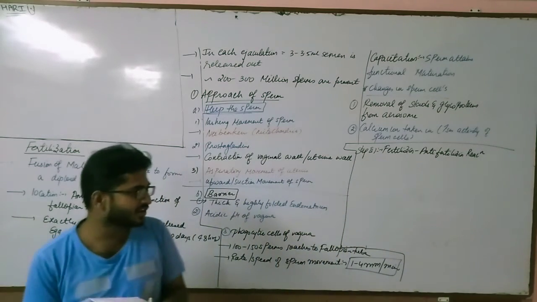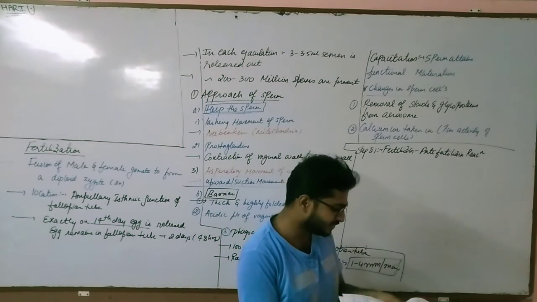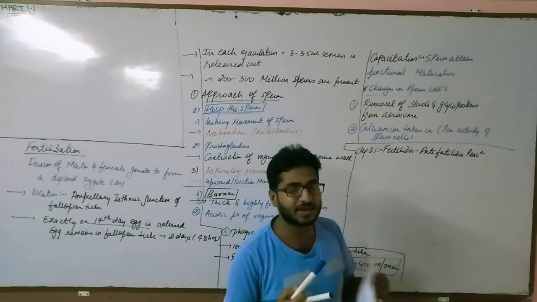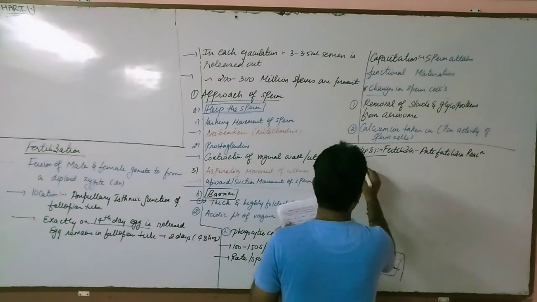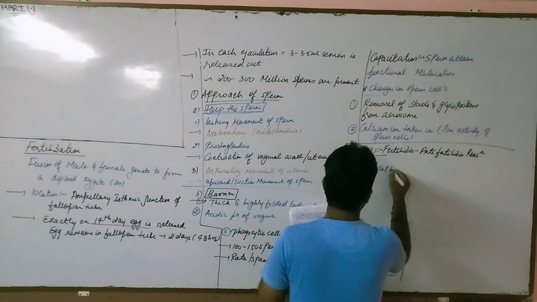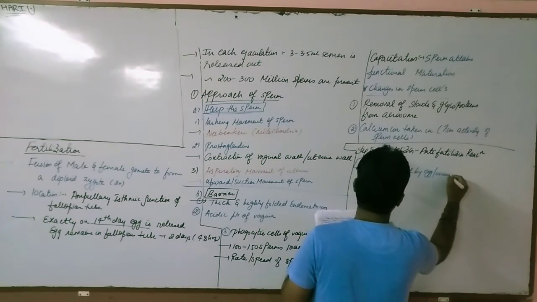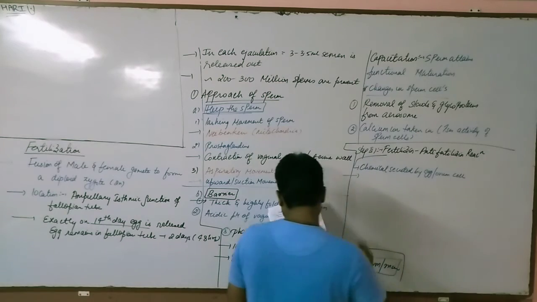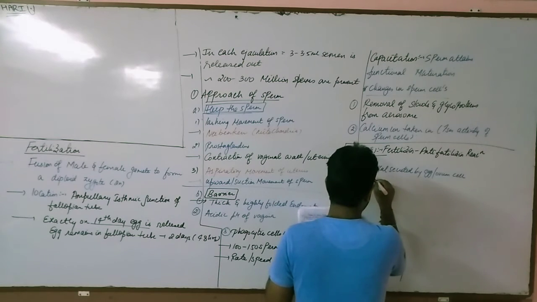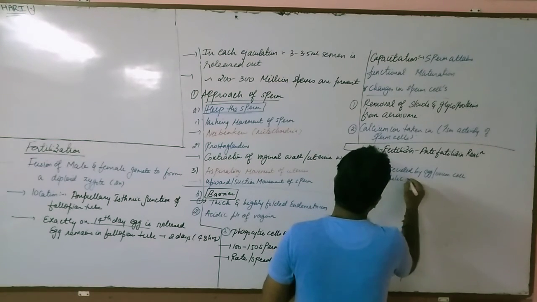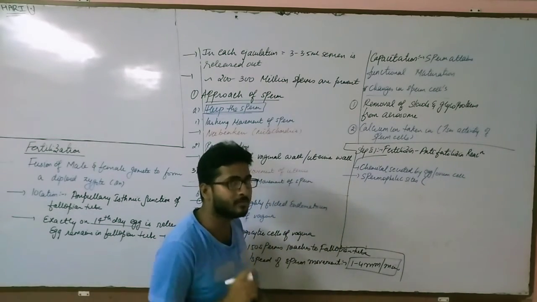Fertilizin is a chemical that is secreted by the ovum or egg, and this chemical has spermophilic sites. That means the site where sperm can come and attach. So fertilizin is a chemical secreted by the egg or ovum cell. This has spermophilic sites, which are the sites where sperm can come and bind.